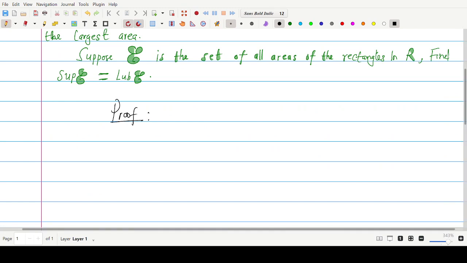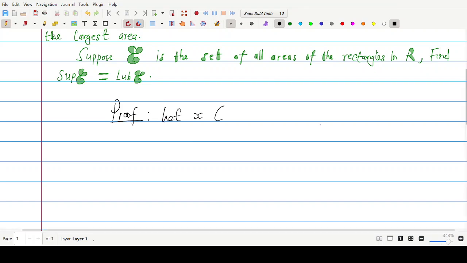Now, let X be an element of the set R such that X is a square. Why are we doing this?